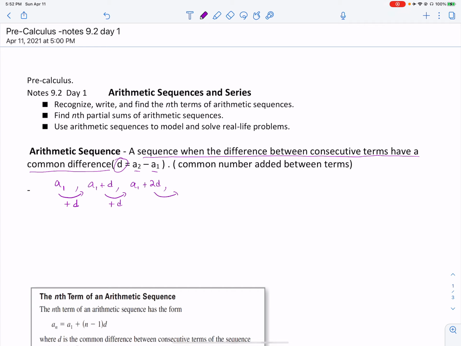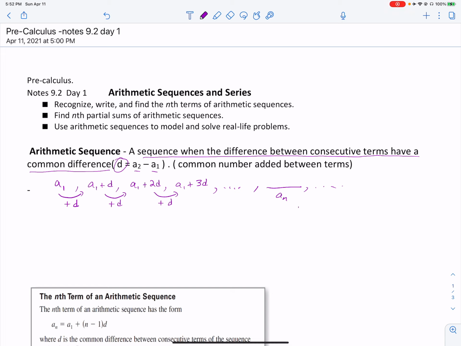And then to get to the next term, you add a common difference again. And so you have that first term, which we let be denoted a sub 1, and add another common difference. So we get plus 3d, and we just keep on going and going. And we have an expression for the nth term.